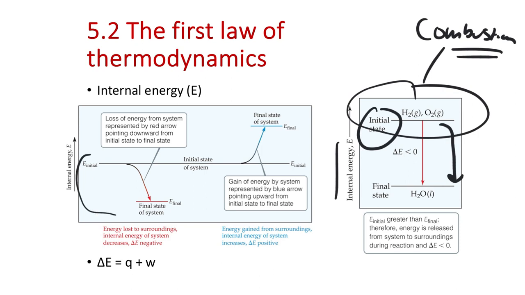That looks like this state here, where we have our initial state compared to our final state, and the final state is lower in energy. We call that exothermic. That exo below: energy is being given off from the reaction, where our products have a lower energy state than the reactants.